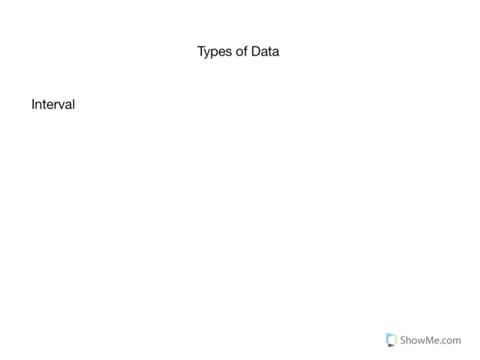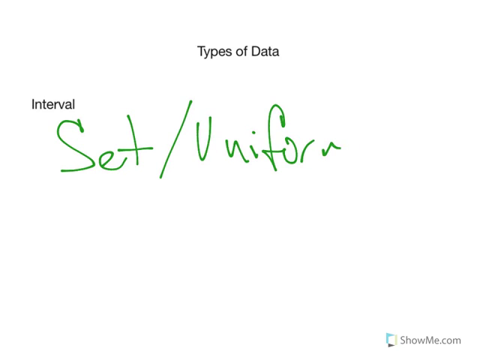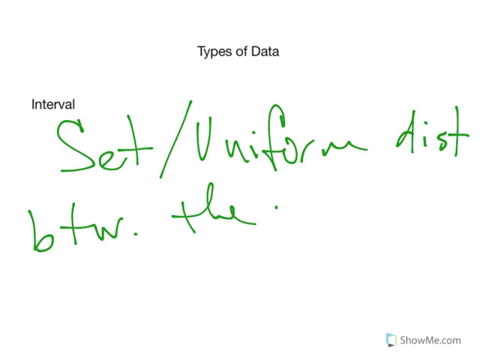The third type of data is interval data. In interval data, the numbers have meaning, and there's a set, or uniform, distance between the numbers.